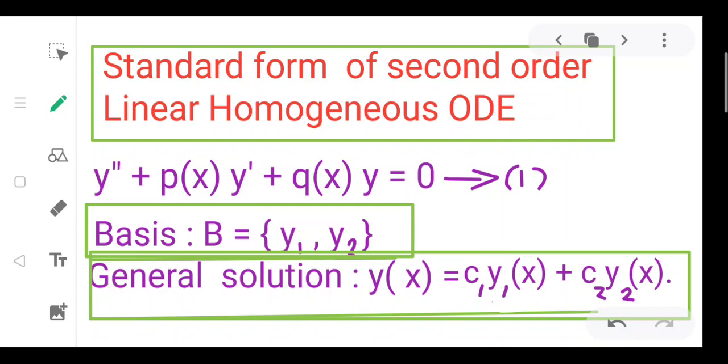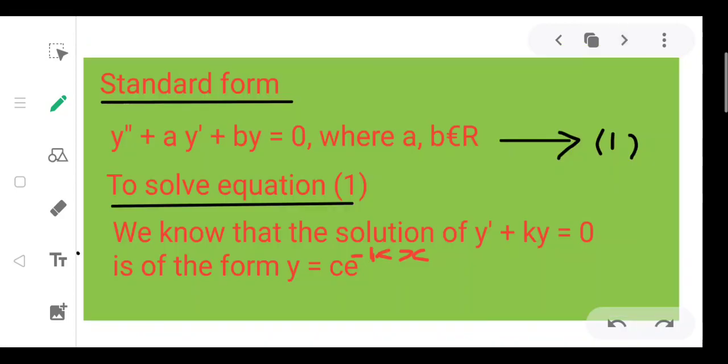Now, when the coefficients p of x and q of x are constants, then it is of the form y double dash plus a y dash plus b y equal to 0, where a and b are real numbers.